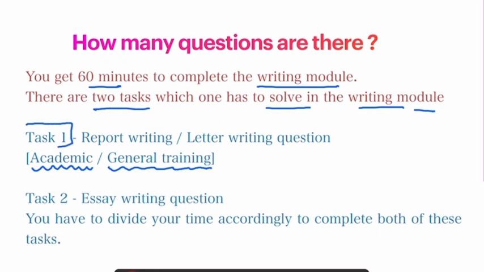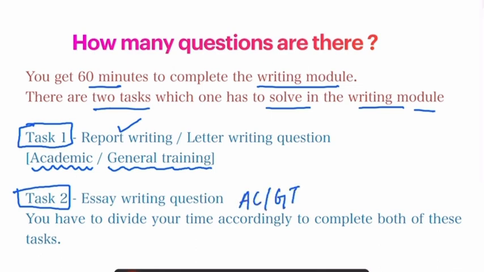The task 1 for the academic exam is a report writing task, and task 2 for both of them is an essay writing question, whether it's academic or general. In the case of general training, task 1 is a letter writing question. In task 2, which is the same for both examinations, you have to write an essay, which is naturally going to take more time.